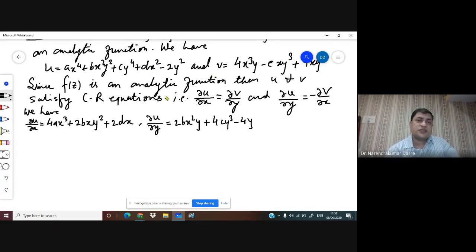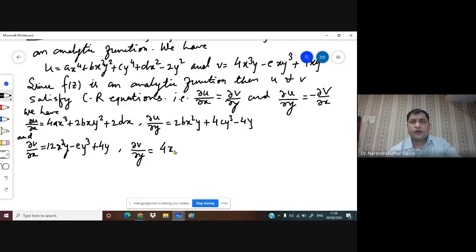Now the derivative of v. We have dv by dx, the derivative of this term with respect to x. What we get here is 12x square y minus ey cube plus 4y. Then dv by dy, what we have here is 4x cube minus 3exy square plus 4x.